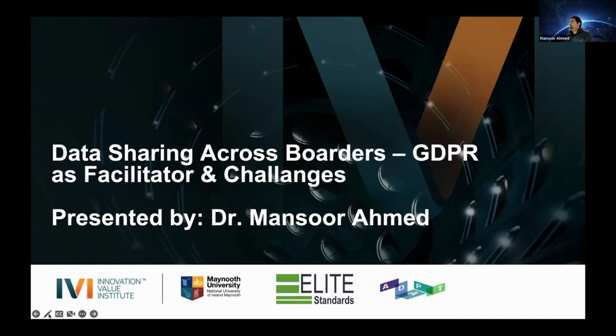So these guidelines basically describe how sensitive information could be collected, and how it should be processed within or outside the organization and across borders. So basically, all organizations that deal with sensitive data must comply with the GDPR.